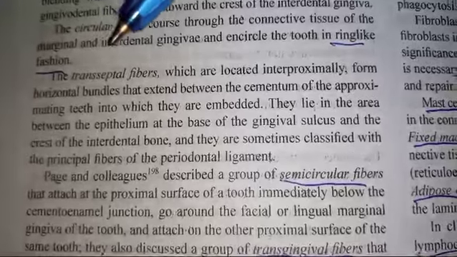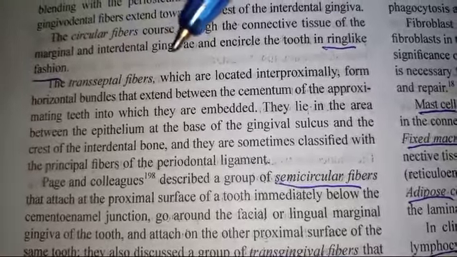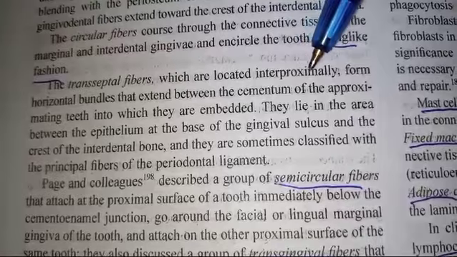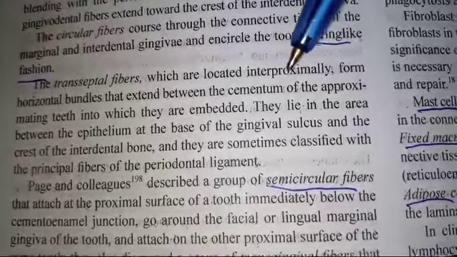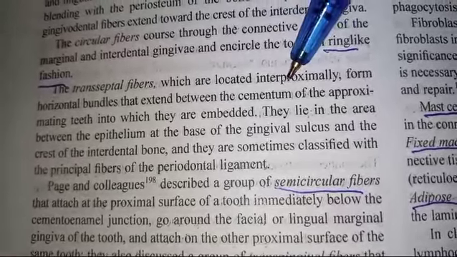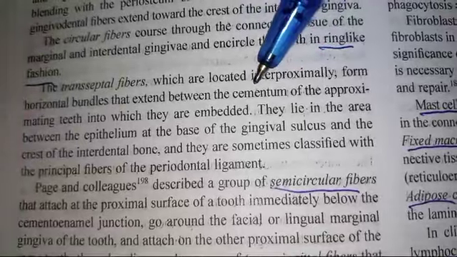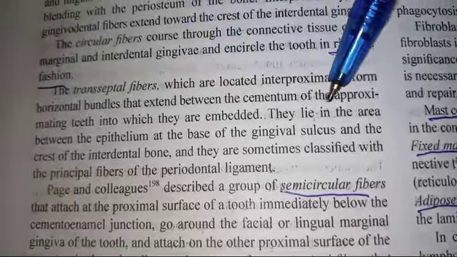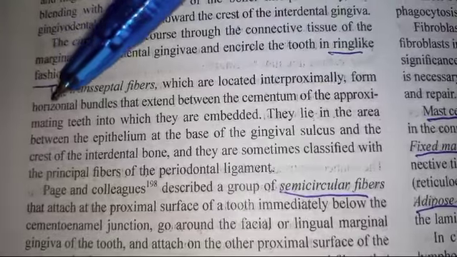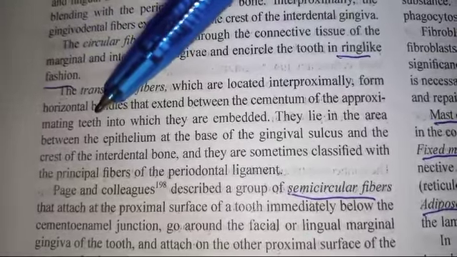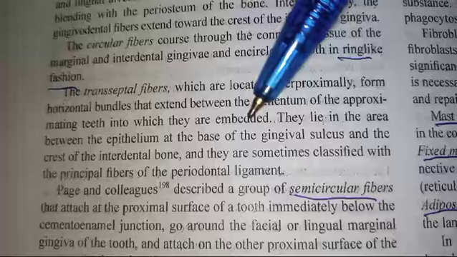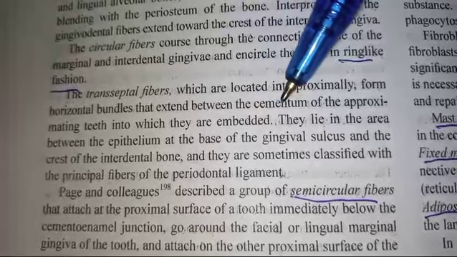Okay. Transseptal fibers. Transseptal fibers are present basically interproximally. Very important point. Located interproximally, between the cementum of the approximating teeth into which they are embedded, between the cementums of the two teeth.